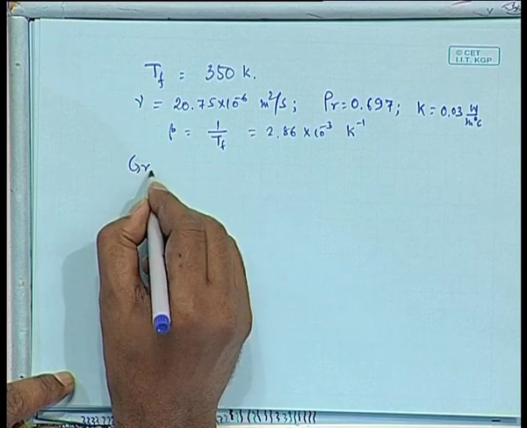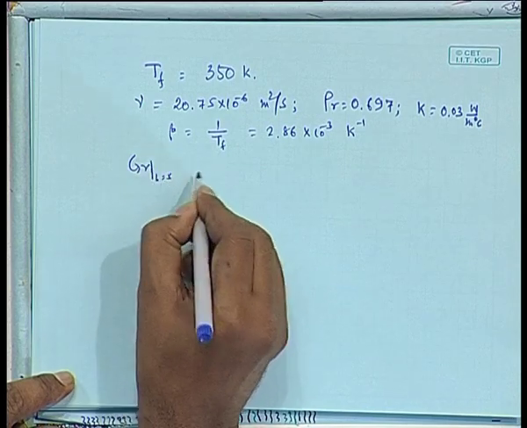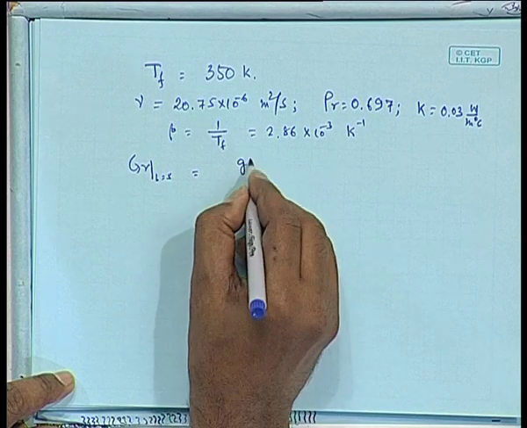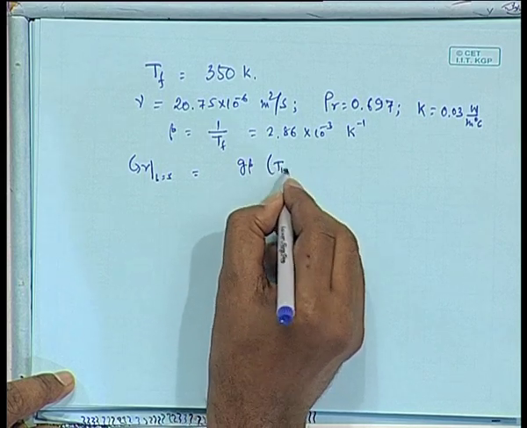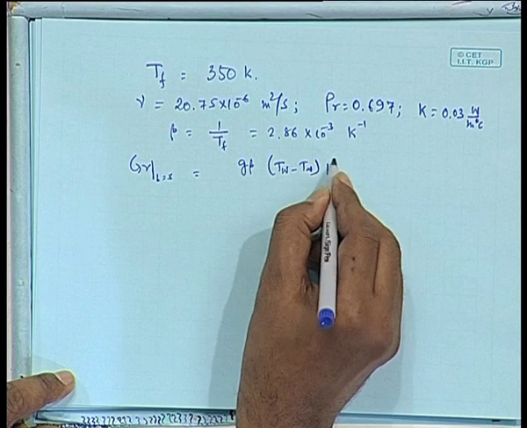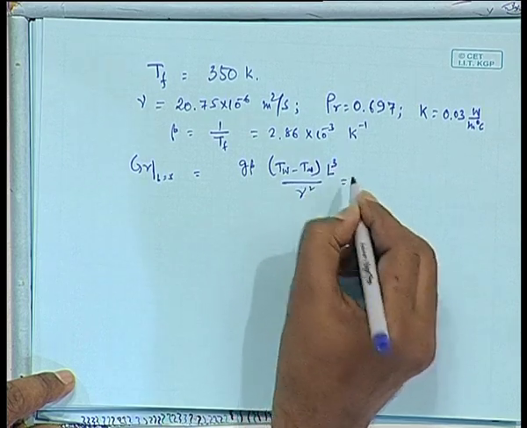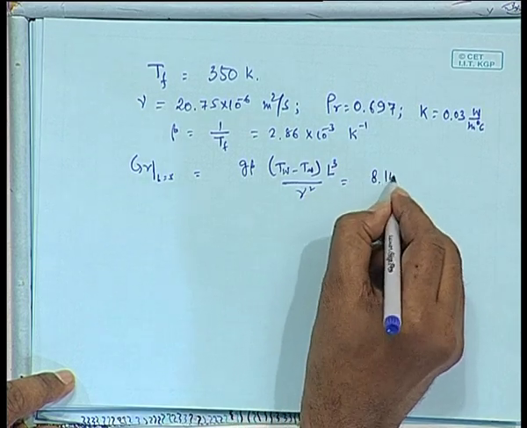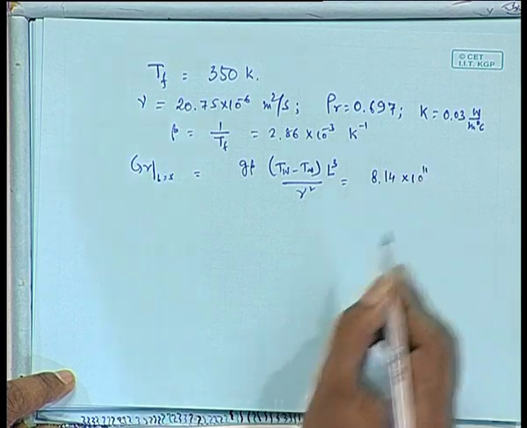Now, Grashof at L equal to 5, that is g beta (Tw minus T infinity) L cube by nu square. This comes out to be 8.14 into 10 to the power 11.